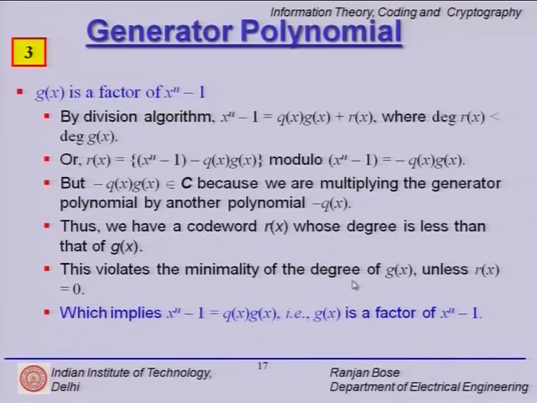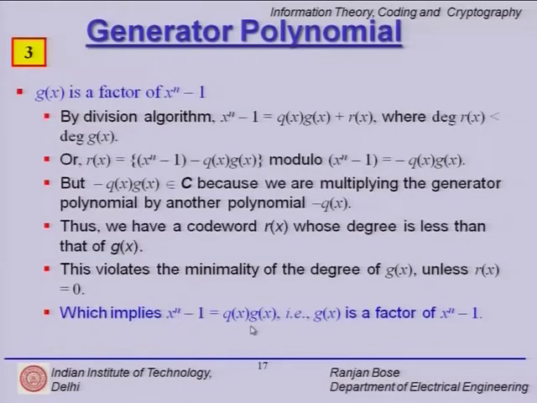And this violates the minimality of degree of g(x), which we showed earlier, unless r(x) is 0. Which means if you put r(x) as 0 here, then x^n minus 1 can always be written as the product of g(x) times some q(x). Consequently, g(x) must necessarily be a factor of x^n minus 1.